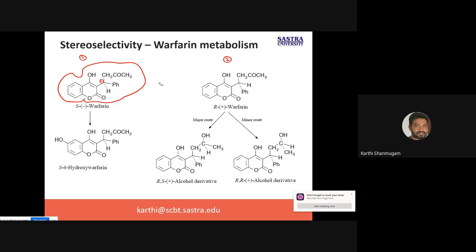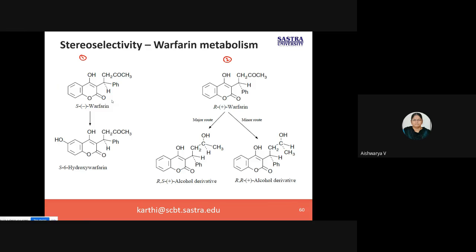Let me erase this for clarity. What is the structural difference between molecule one and two? Hydrogen position, sir. So can we say the positions of these two functional groups are changed?